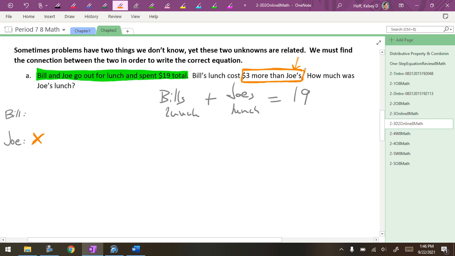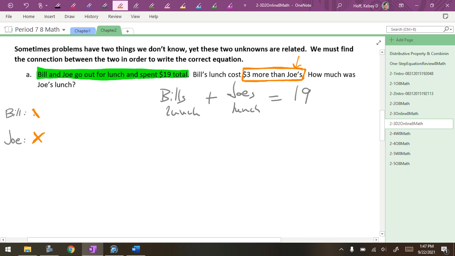How do I represent the phrase 3 more than Joe's? Becca? X plus 3. What does X represent again? Joe. So take Joe's lunch and add 3 more to it. Is that what Bill's is? 100%. Notice each one of these has a variable. They are all based off of Joe. I don't know Joe and I don't know Bill, but they're based off of one another.